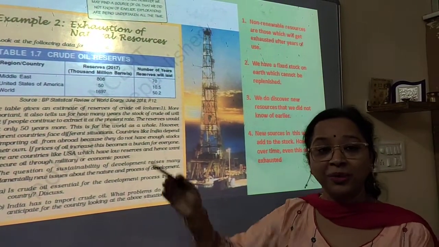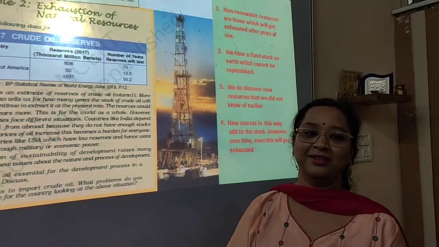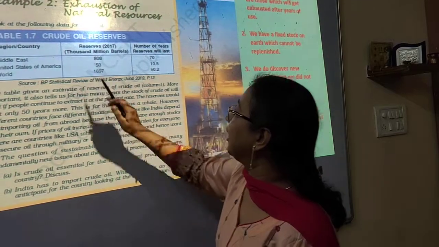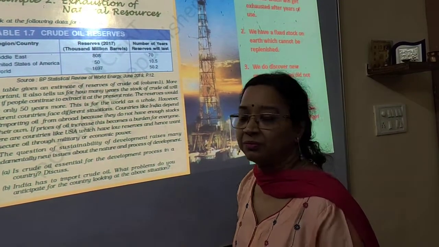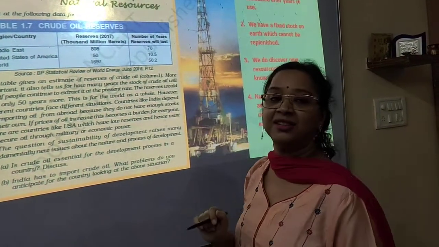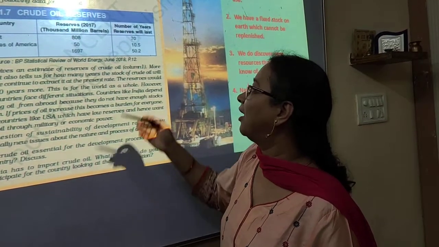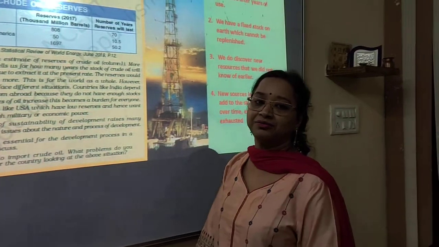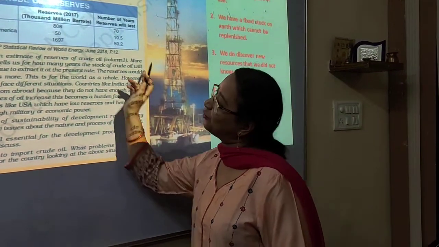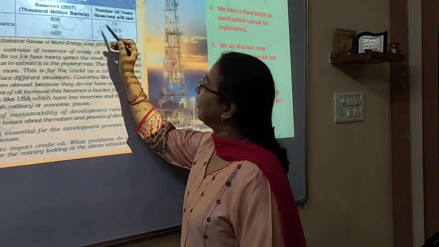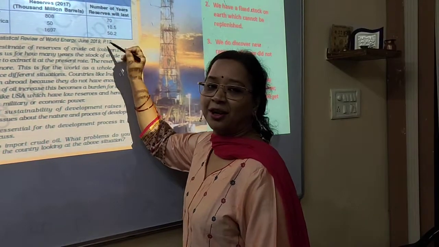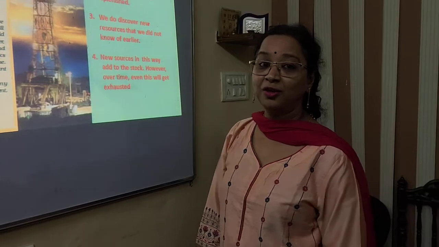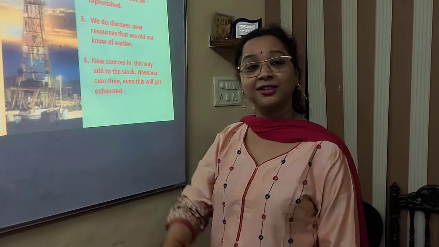Now, let us see for how many years it is going to be available. The whole oil of the Middle East is not going to be available for more than 70 years. What about America? It is not going to last for more than 10.5 years. And for the whole world, roughly only 50 years we are going to get oil. Just imagine, what after that?